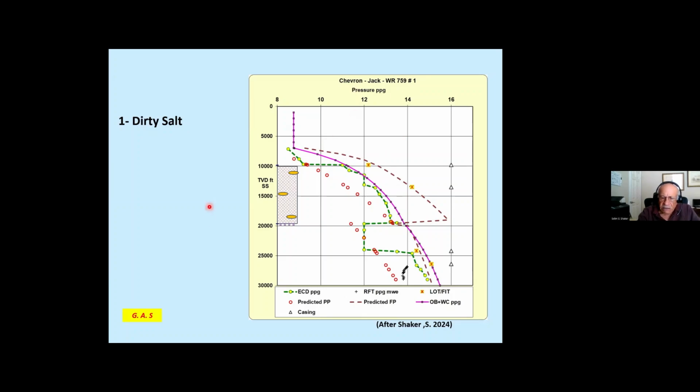Here is the overburden, which was a mistake to put the overburden here, but that's okay. It does not interfere in the calculation at all. And here is the frac pressure. Here is the casing points. Here is the mud weight.